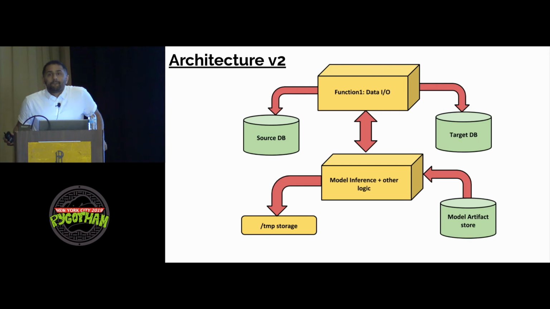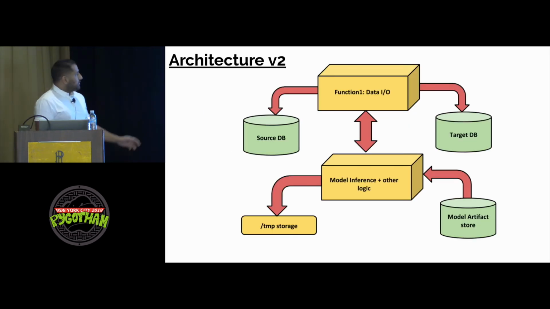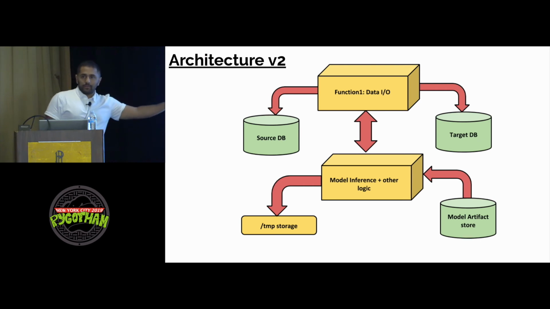Yes. So now, high resource cost, right? Models and artifacts are downloaded each time the function is run. If you look at this architecture, function 1 is calling multiple copies of function 2 at a time.